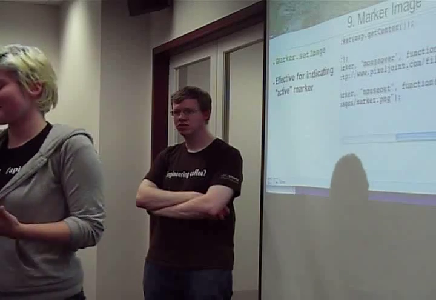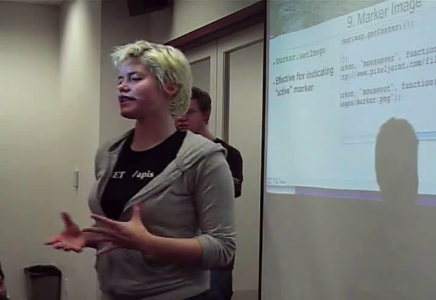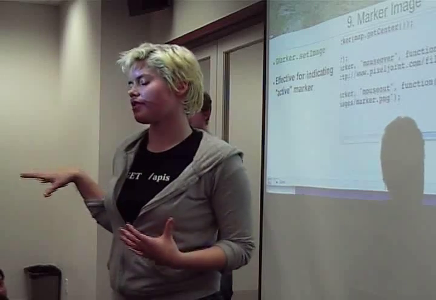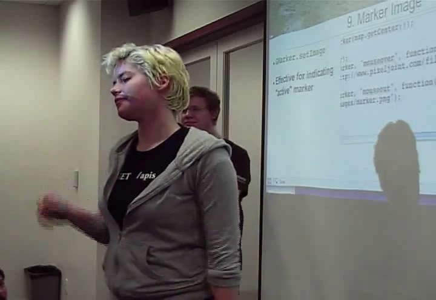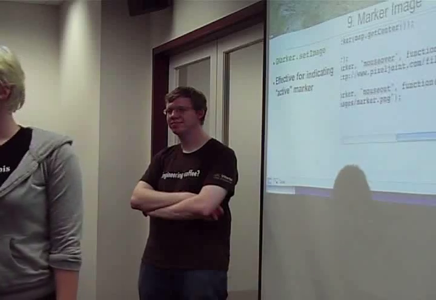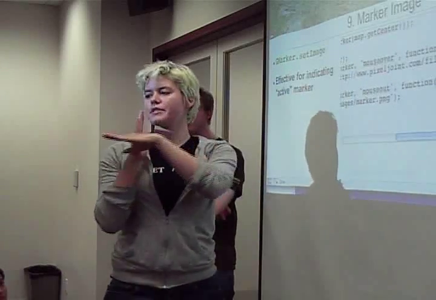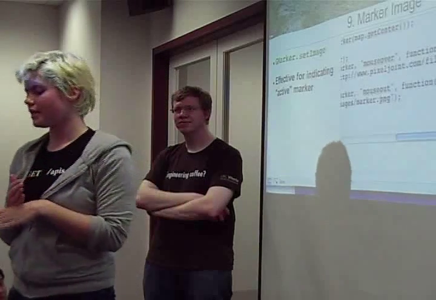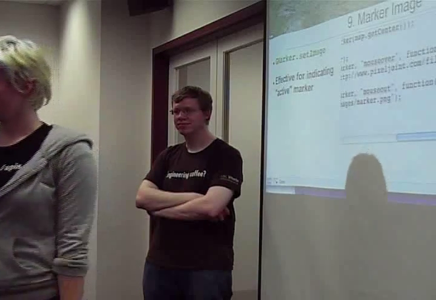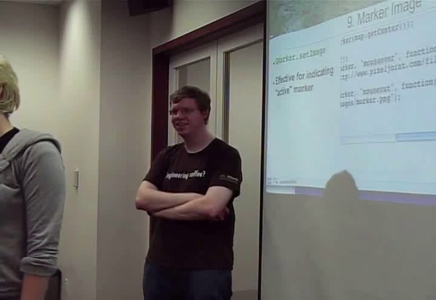You can put in a feature request. A lot of people do change the default cursor on the map to the crosshairs if they're doing something like clicking on the map. So that's been a common thing. People have kind of liked this cursor.